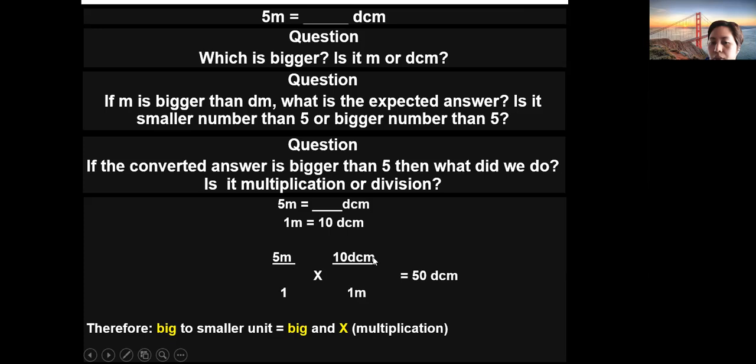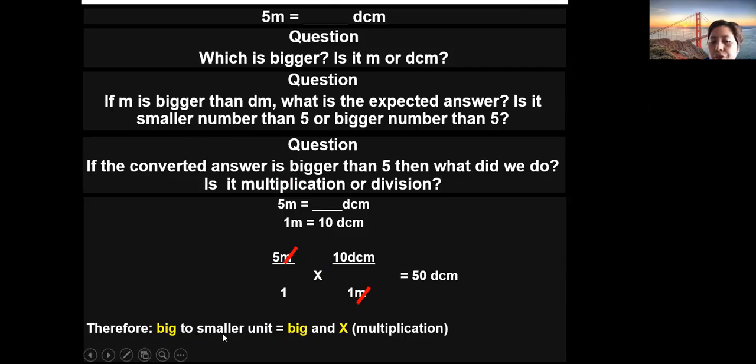Since we are going to convert meter to decimeter, we can now cancel the meters for us to be able to get the decimeter. So 5 times 10 is equal to 50 decimeters. Therefore, 5 meters is equal to 50 decimeter. So cancel meter for us to be able to get the 50 decimeter.